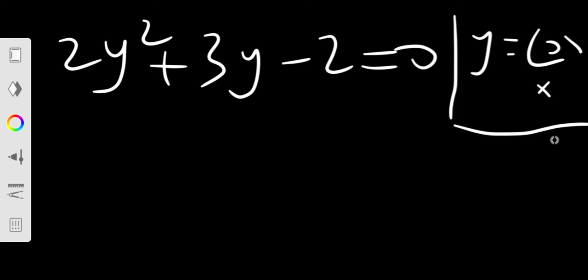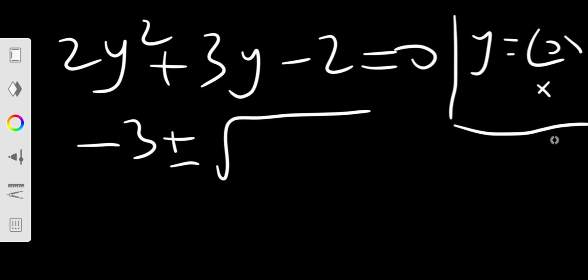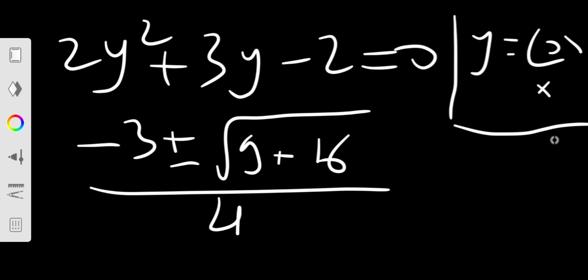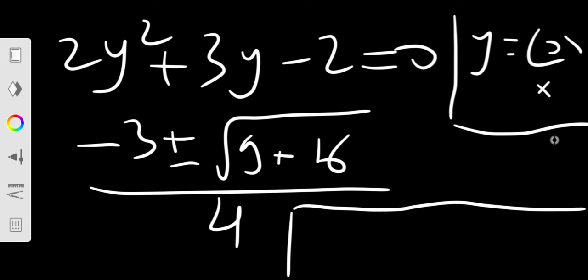So now solving this like a simple second degree, minus 3 plus or minus 5 divided by 4.